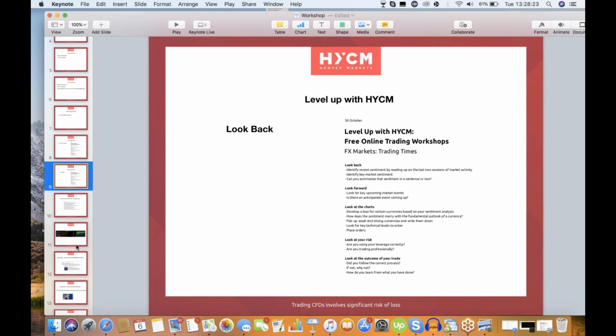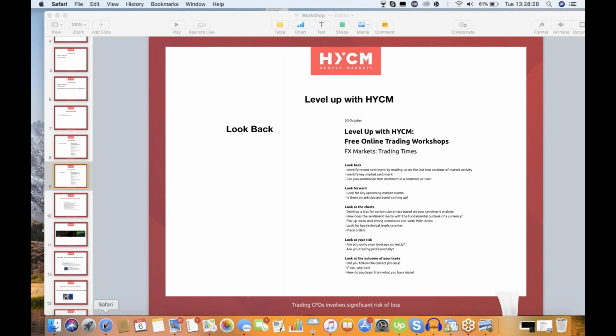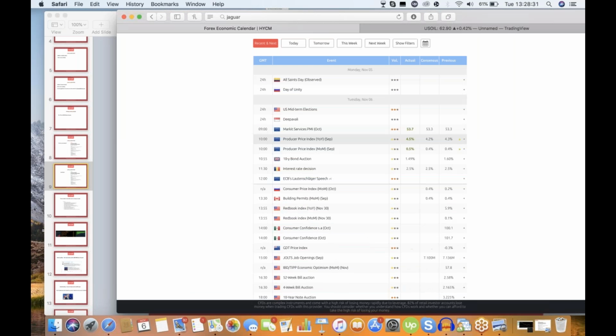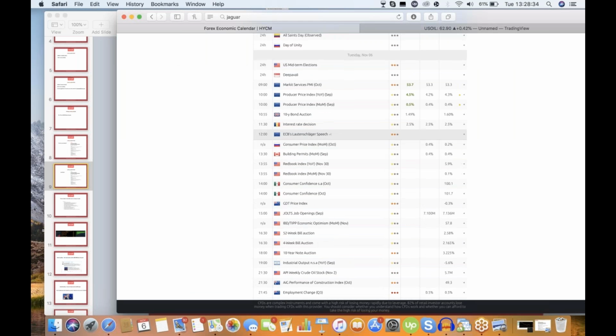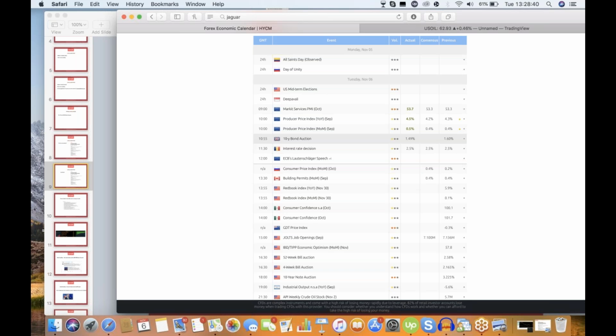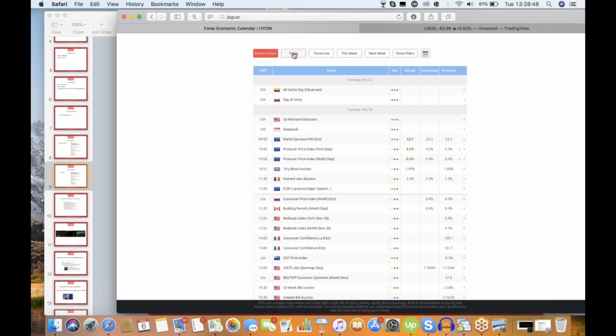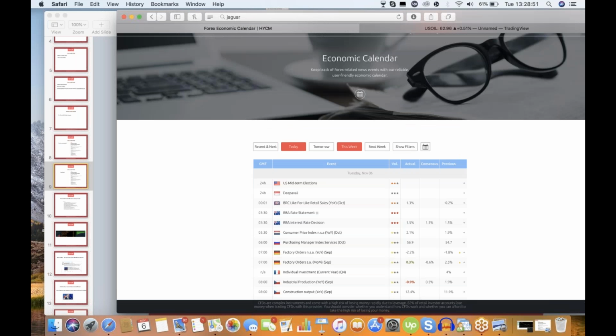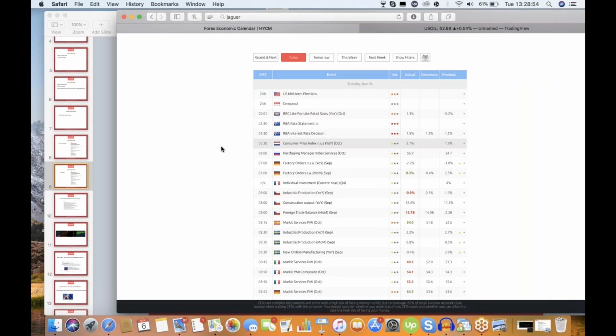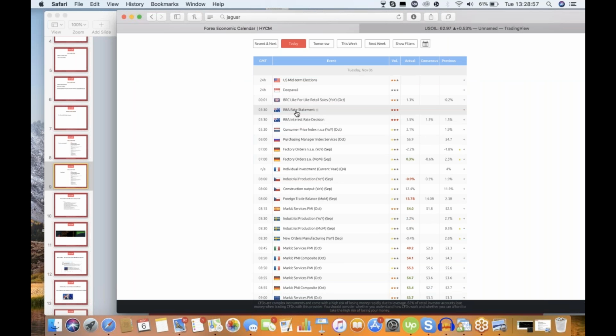So let's look back at some of the key market events that we've seen. We go to the HYCM calendar, and if you remember, if you were looking at the FX week ahead, I was mentioning the Reserve Bank of Australia. The key data that was coming out was the Reserve Bank of Australia's rate statement and their interest rate decision.